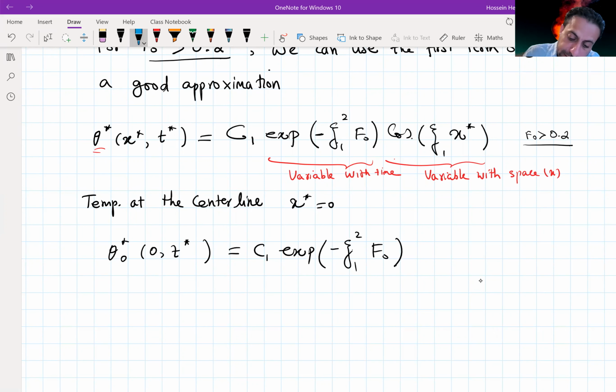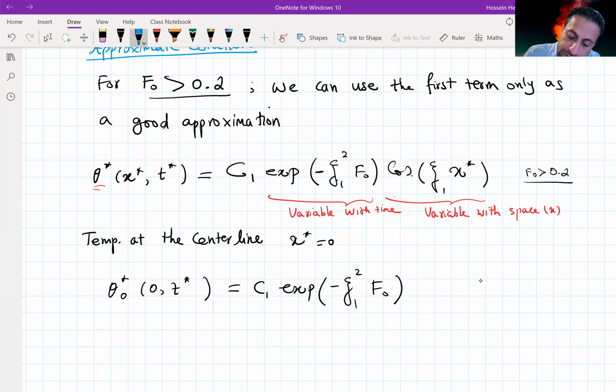So essentially in this approximate solution, this is the temperature at the midpoint where x star is 0 or x is 0. So we have the temperature as a function of time.